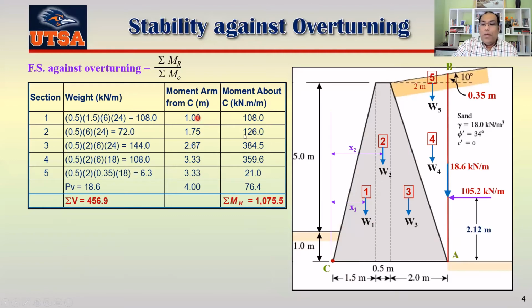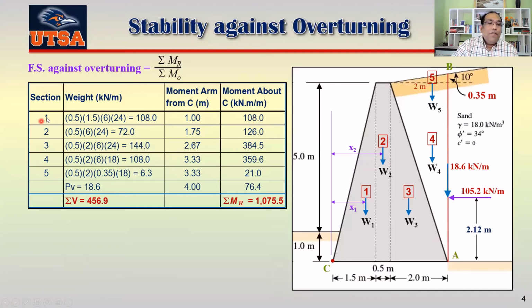Similarly, for this one, from here to here, the midpoint is 0.25. When you add that to 1.5, that would be 1.75. Once you know the weight and the distance from C, we can just multiply the force with the perpendicular distance, and we get the moment.